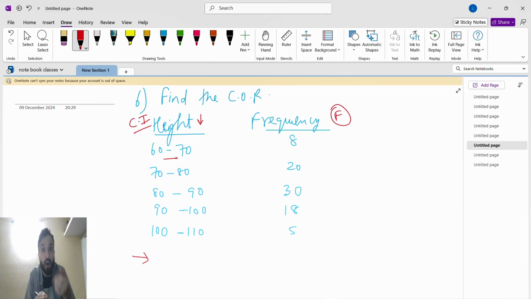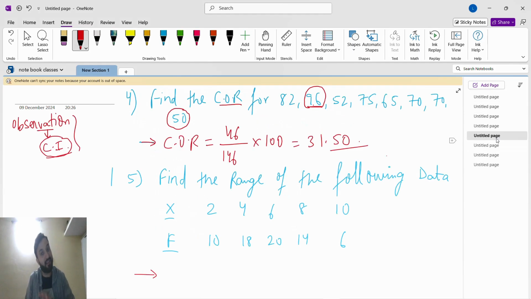So in range, the observation is the class interval, meaning the first column. Yes, that's it, only keep that in your mind.